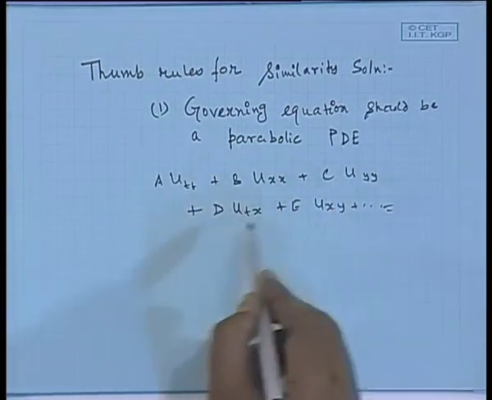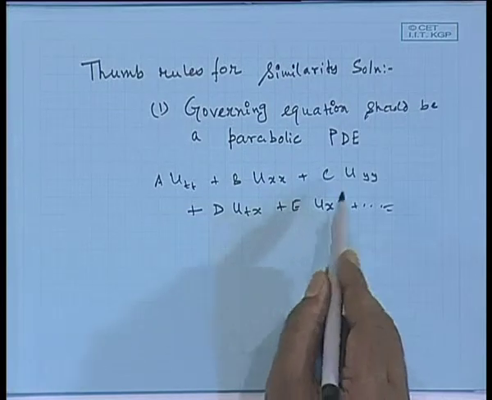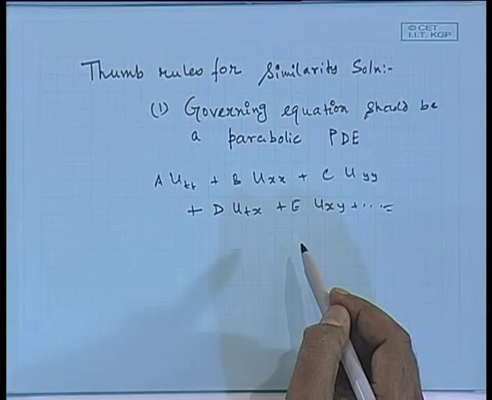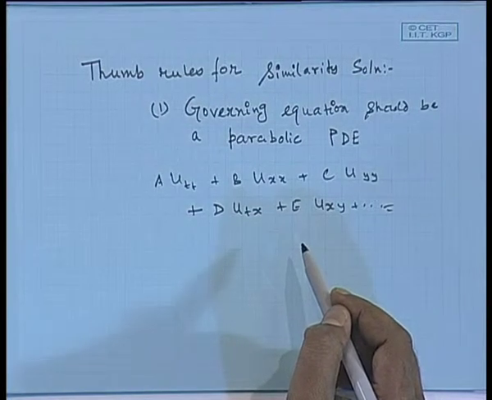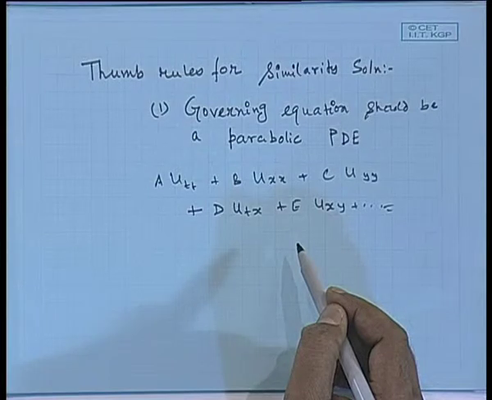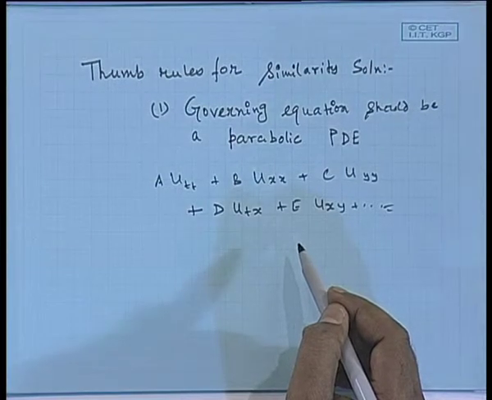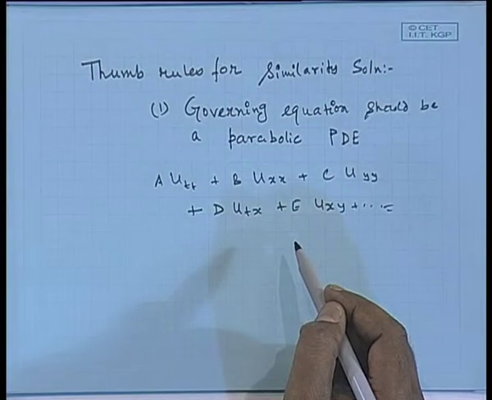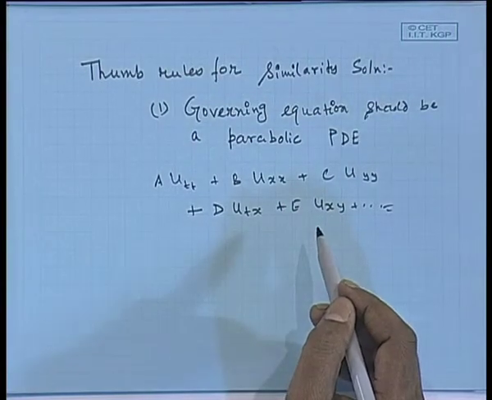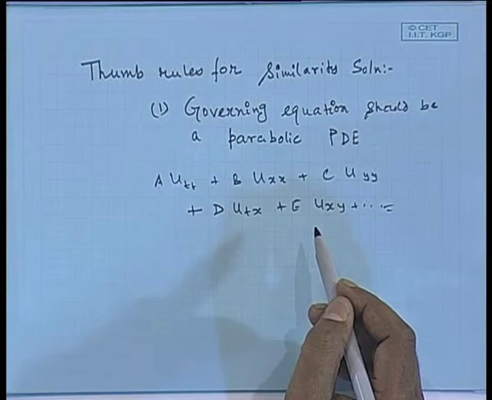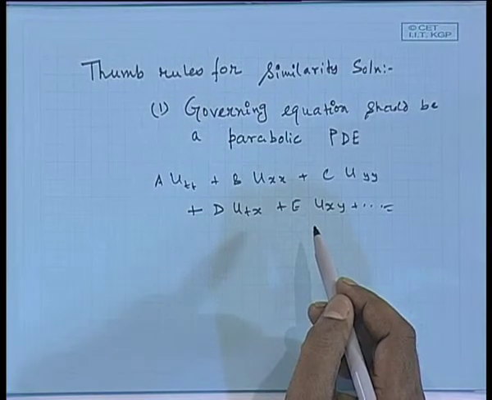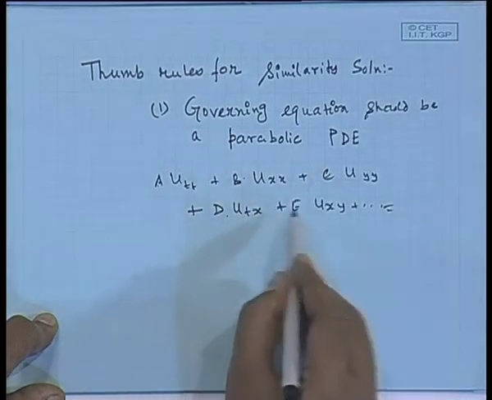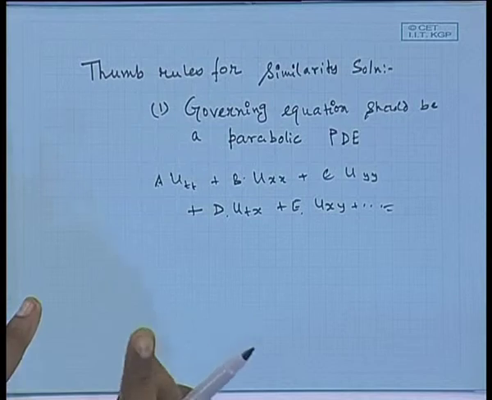Now, you have to form a coefficient matrix of this equation. Okay. Now, you have to find out the eigenvalues of that coefficient matrix. If one of the eigenvalues becomes 0, then the equation is parabolic. Okay. If all the eigenvalues have the same sign, the equation is elliptic. If eigenvalues are both positive and negative, then the equation is hyperbolic. So, when is it parabolic? You have to formulate a coefficient matrix of all these double derivative terms.